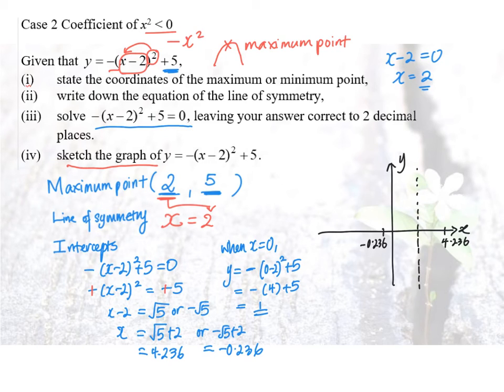Line of symmetry, x equals 2. Our y-intercept is 1. Then our maximum point has 2, 5. So the y value is 5, so slightly higher. And now we can draw a graph. Then label the equation. And you get your answer.